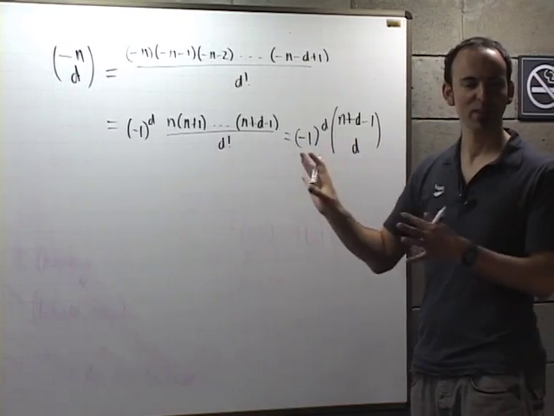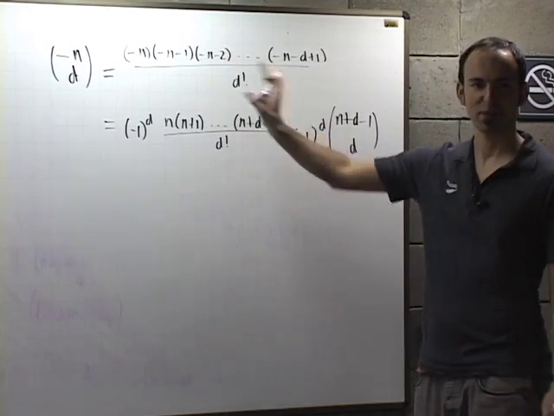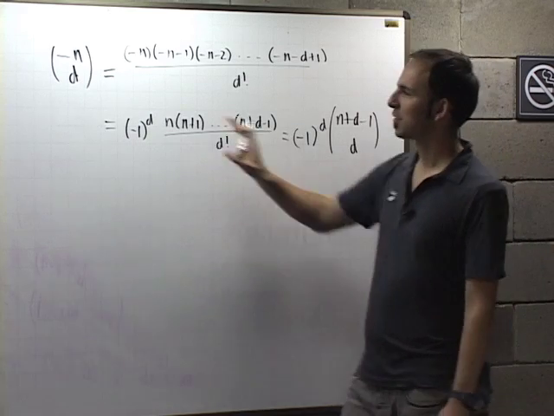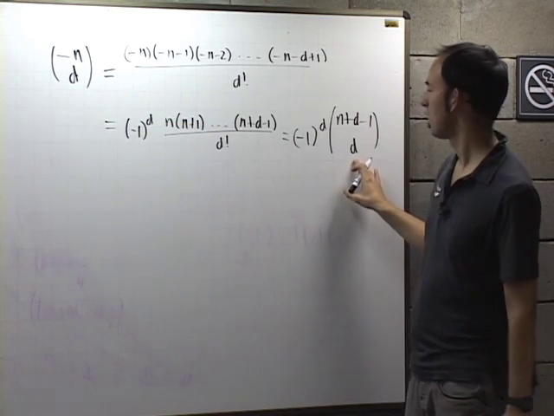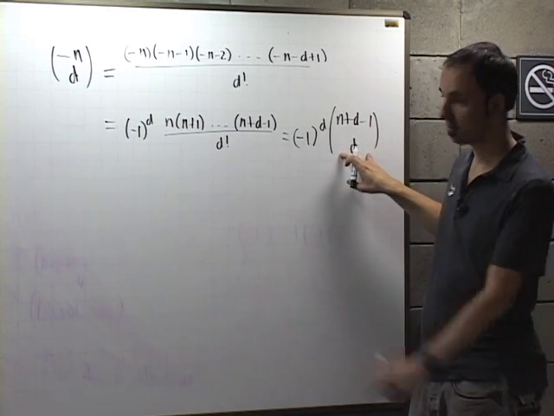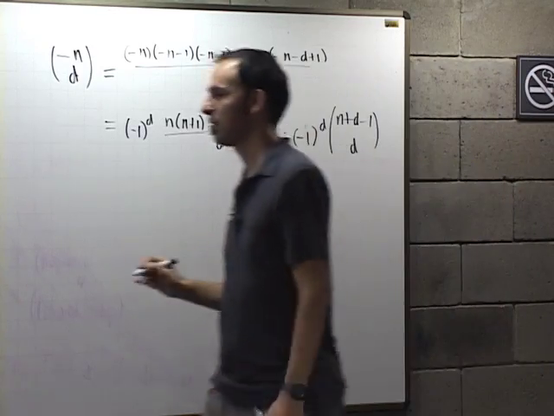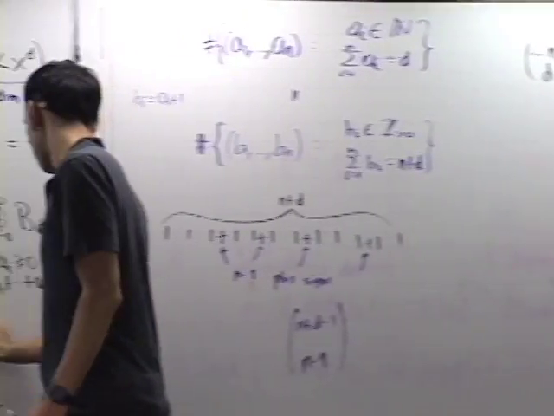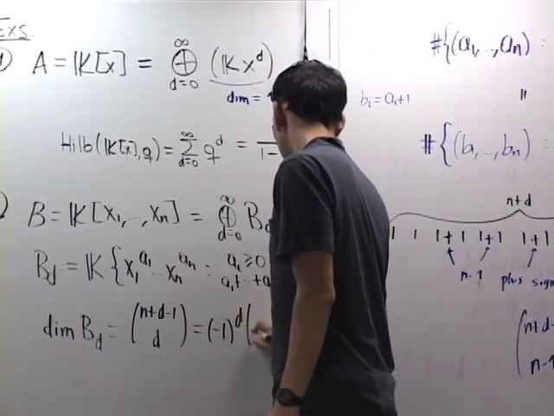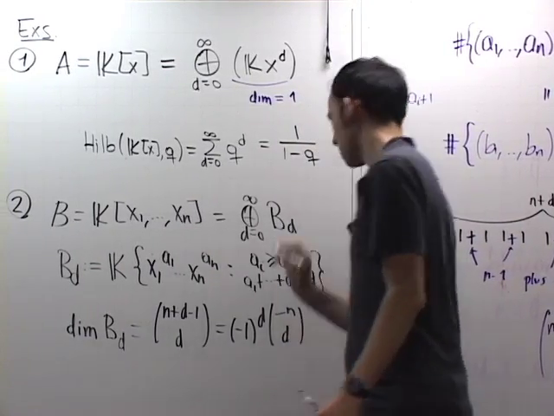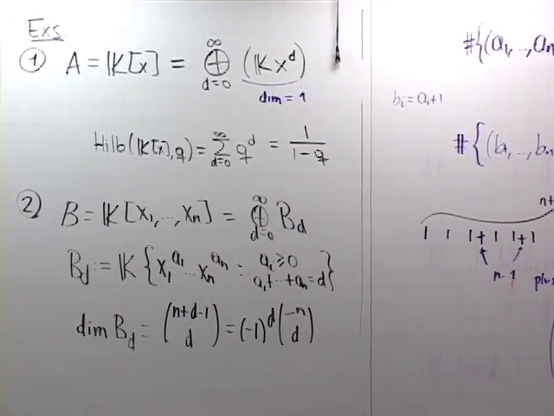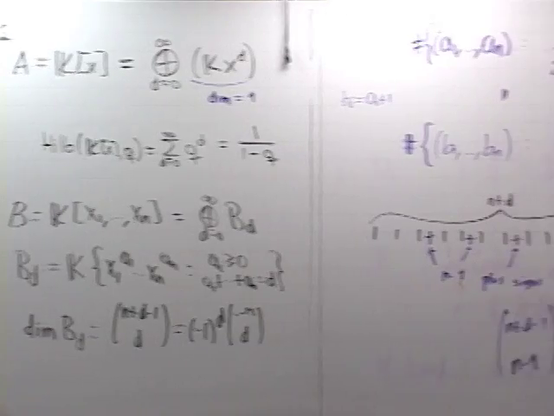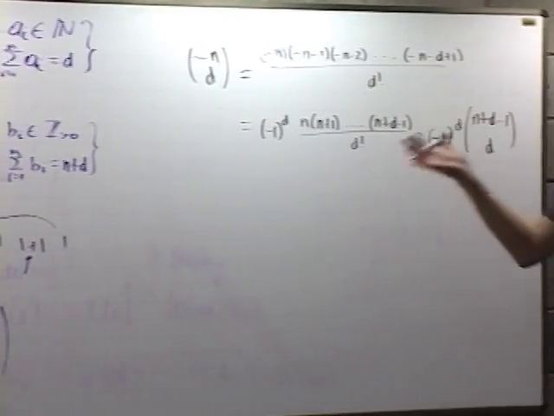You probably kind of believe me, and you have to check that I didn't make any small mistakes. This formula is true. And so instead of writing it like this, I'm going to write it like this. Minus 1 to the d times minus n choose d. Okay? So this is just some combinatorial trickery.